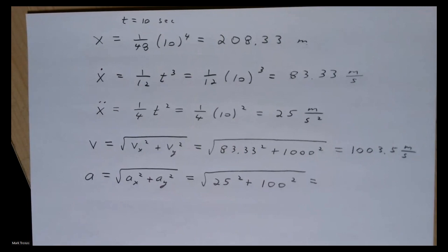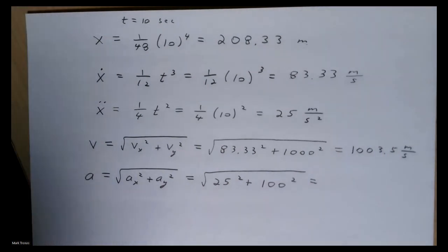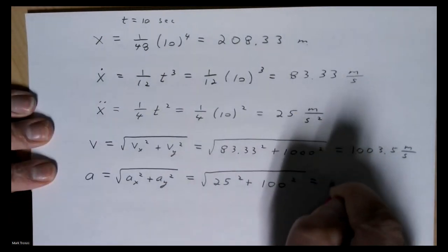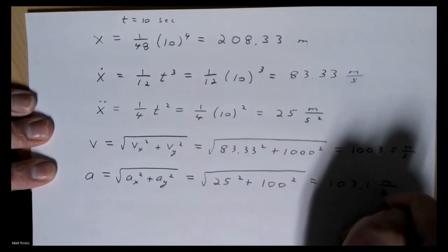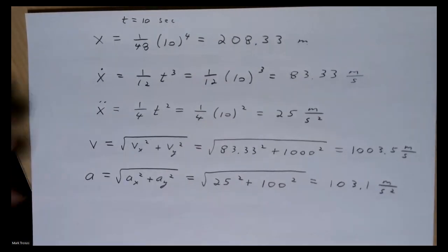And when we put those together, we put that in the calculator, we get 103.1 meters per second squared.